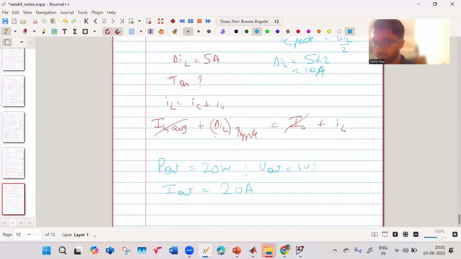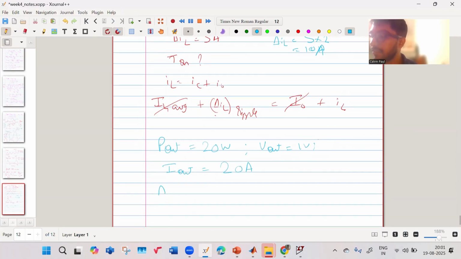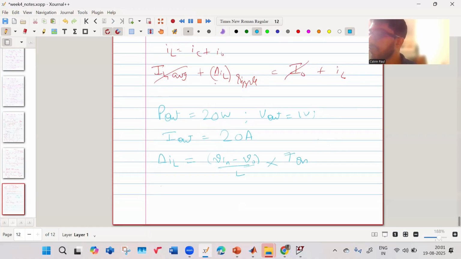Now, we want to find your T on. Delta IL in a buck converter is given by V in minus V output by L into your T on, right? So delta IL you found out to be 10, V in is 12, V output is 1, L is 220 into 10 to the power minus 9.